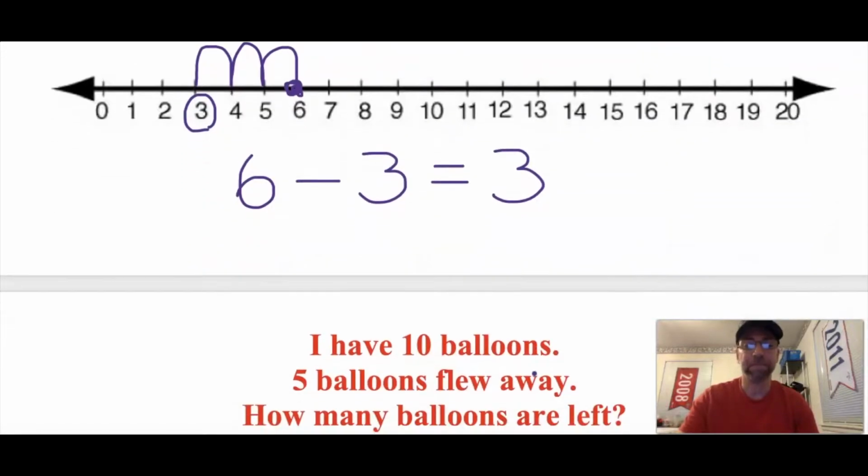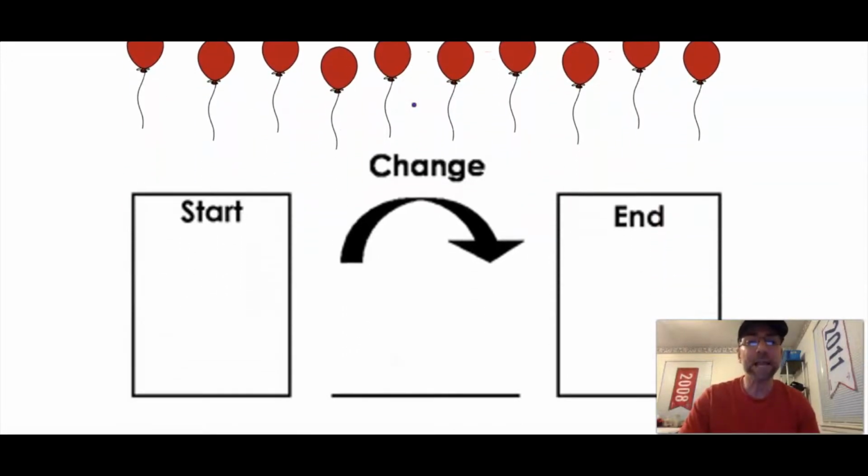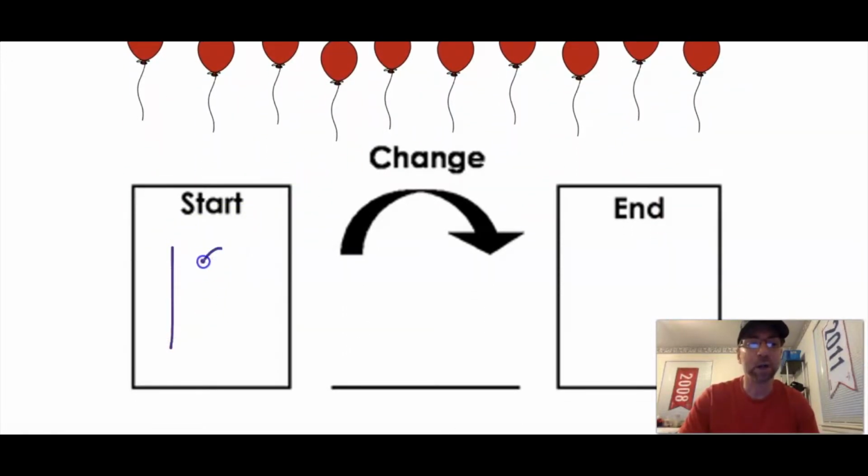Let's try another one. Go ahead and clear your sheet protector so we can work on our next one. Now this one says, I have 10 balloons. 5 balloons flew away. How many balloons are left? Well, let's see what our start is going to be. I have 10 balloons. That's the start of my story, the beginning. So let's write 10 in our start box.